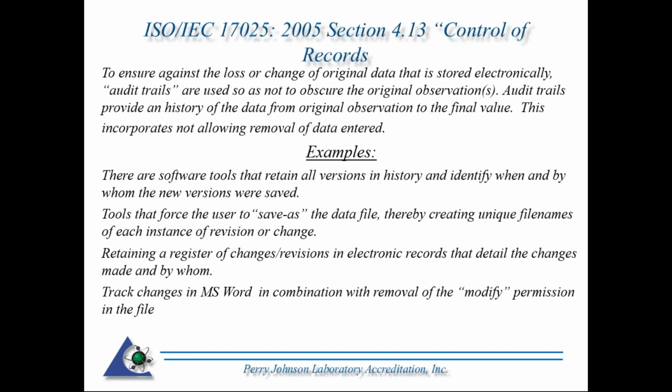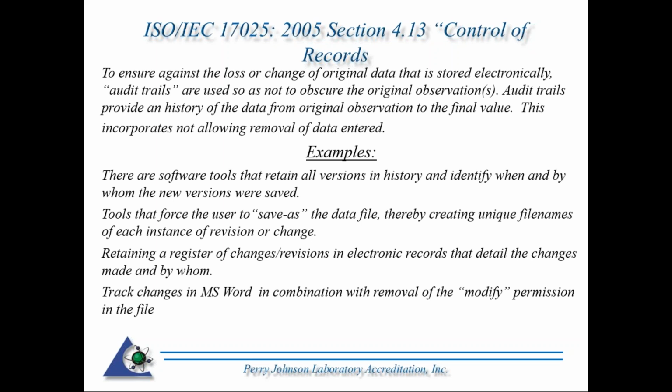Going to look at electronic records now. Same concept, but the records that are being done electronically. For example, in the balance situation, you are entering directly into a spreadsheet prior to proceeding with the test or calibration.